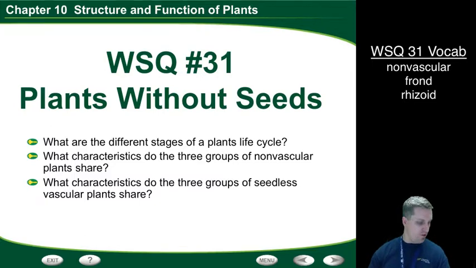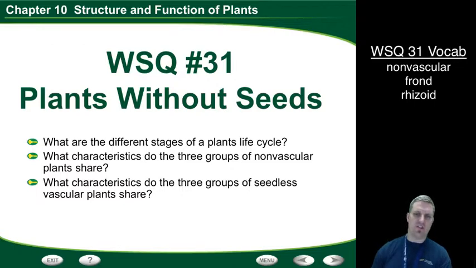Today we are going to continue in our unit on plants, and we're going to start to discuss plants without seeds. Basically, what we're going to look at in this section is the different characteristics or stages of a plant's life cycle. We're going to talk about that real quickly.